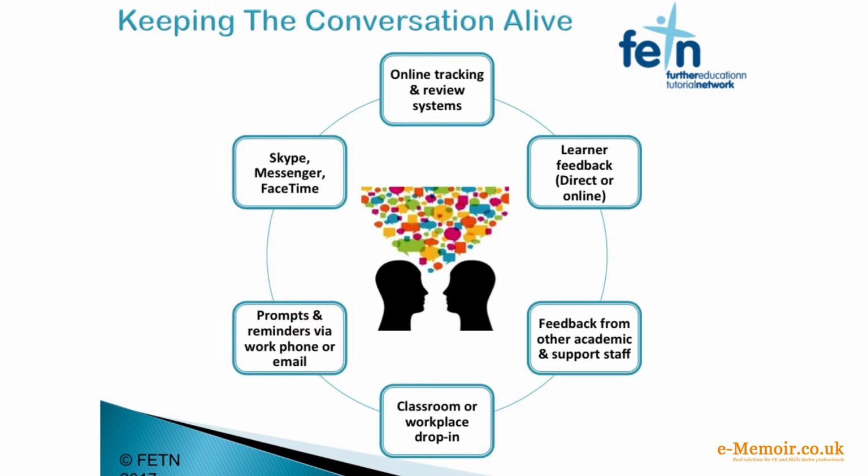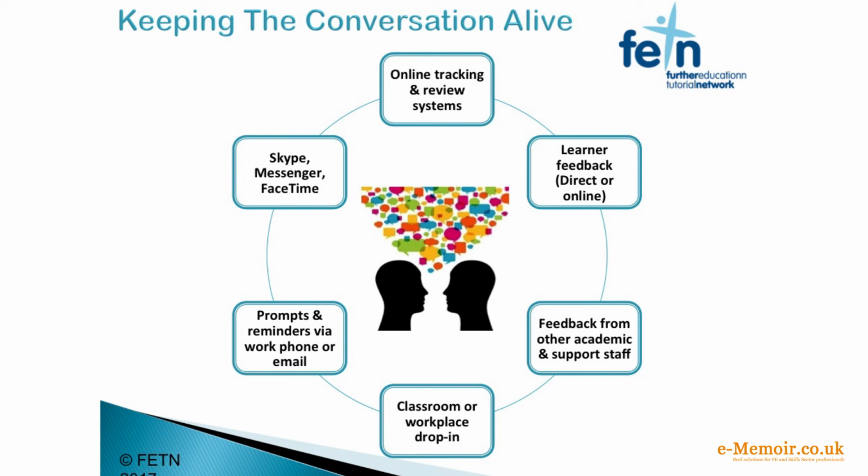So this is, yes, after we've had our wonderful one-to-one review and we've had a really good conversation and we've set our targets and the learner knows exactly what they're going to go away and do, it quite often disappears into the ether until the next term. And this is, I think, where a lot of target setting falls down, because we're not keeping up the momentum.